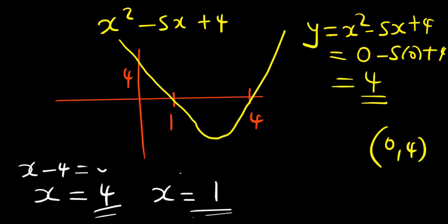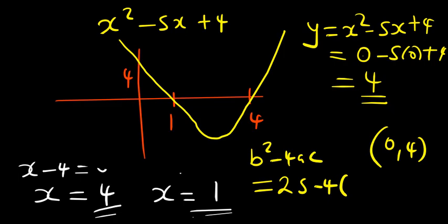But now, the discriminant itself, you're able to see that if you're going to look at the values of b squared, because the discriminant is b squared minus 4ac. If we're going to solve this, b squared, that is negative 5 squared, which will give us 25, minus 4, our a is 1, our c is 4.